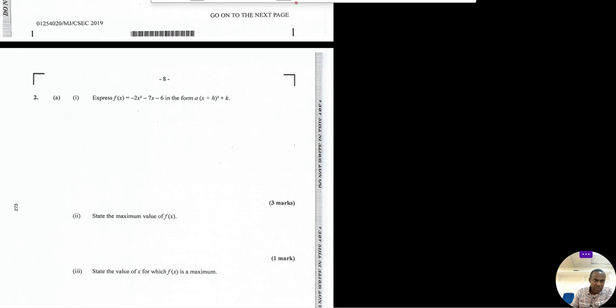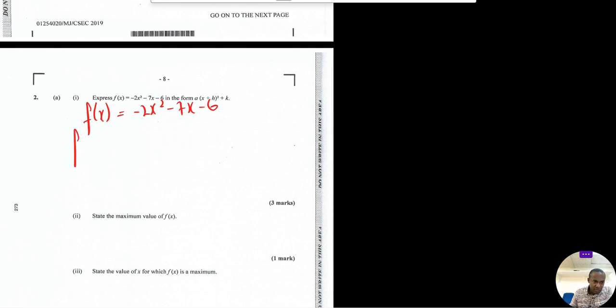So let's proceed. So we have f of x is equal to minus 2x squared minus 7x minus 6. Now, in order to complete the square of a quadratic, a must be equal to 1. In this case, a is not equal to 1. A is equal to minus 2. So the first thing that we must do is to factor out negative 2.